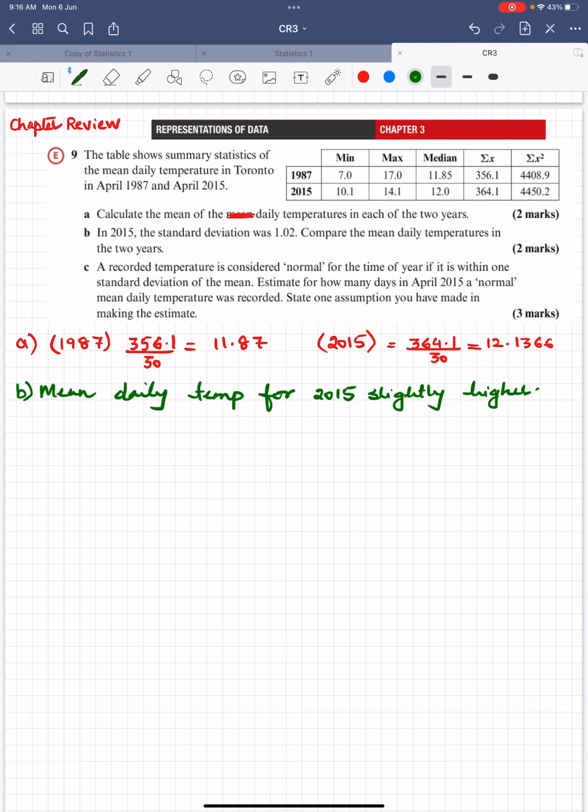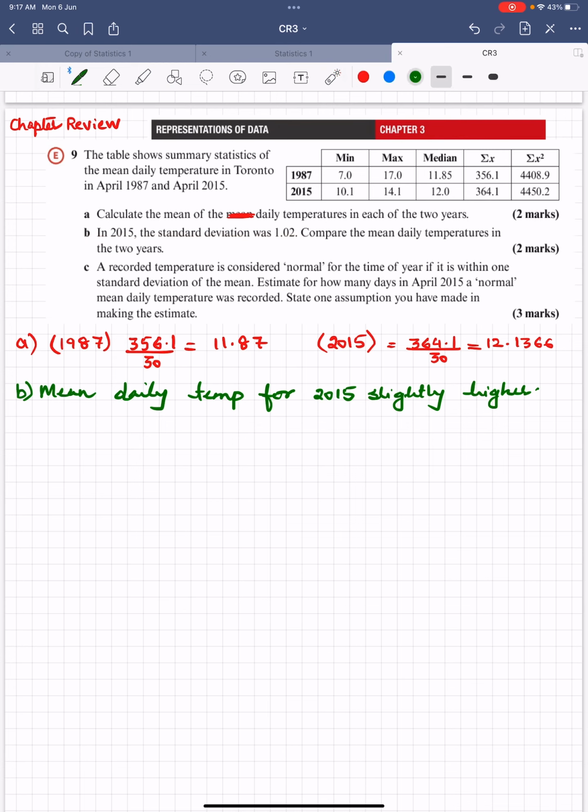We can also see that in the part B, they have given us the standard deviation for the year 2015. Standard deviation basically helps us to understand how spread the data is about the mean. So we already know the standard deviation of 2015. Let us find out the standard deviation for the year 1987.